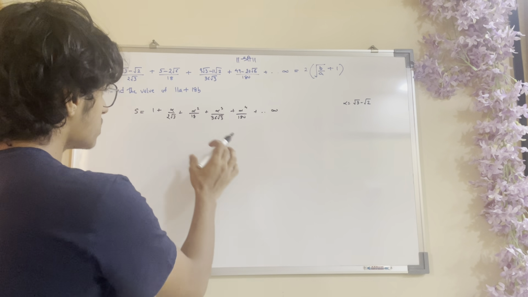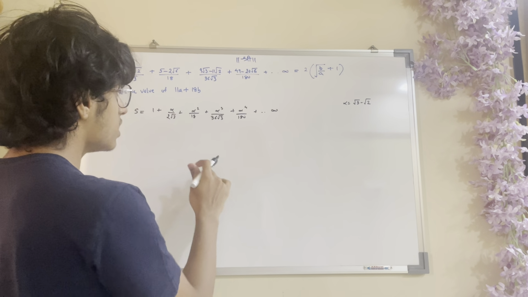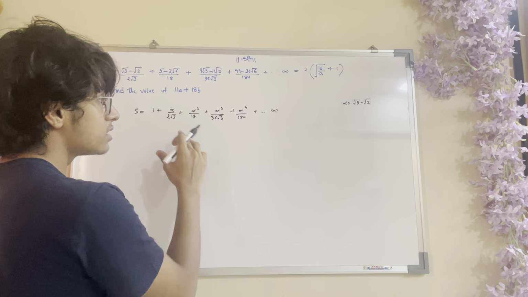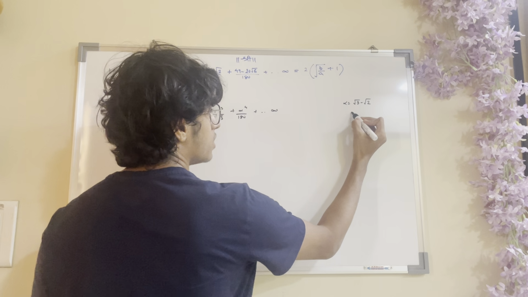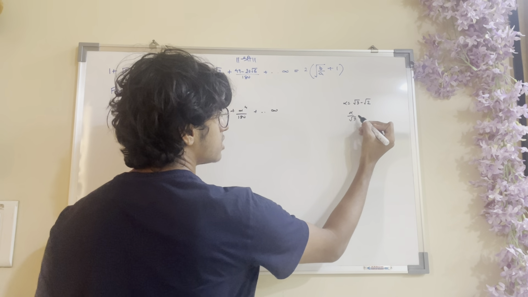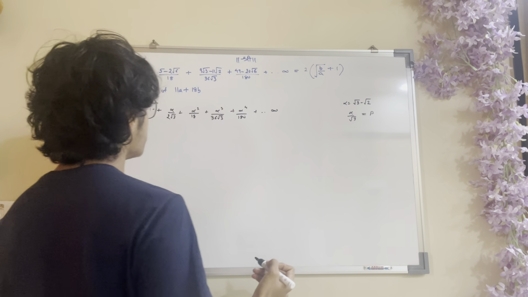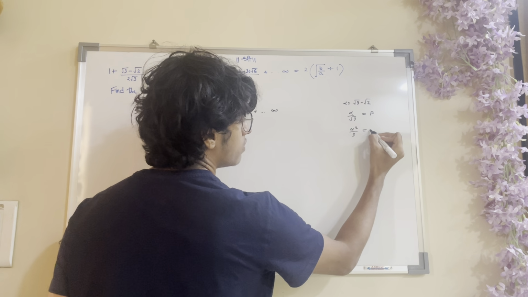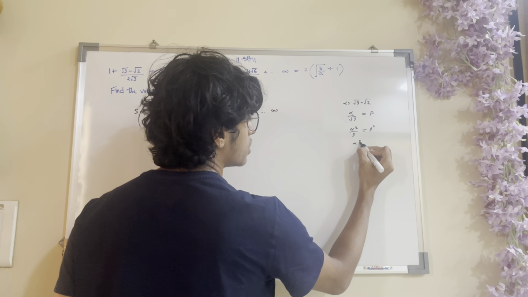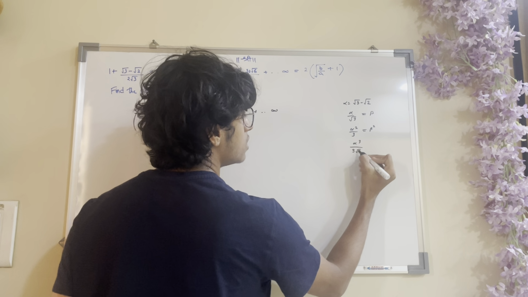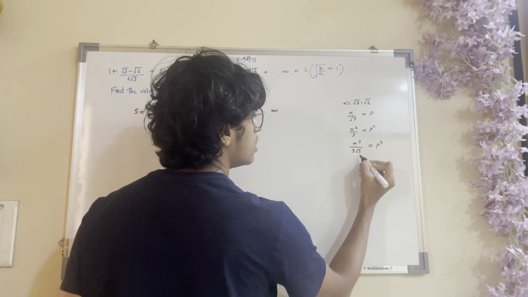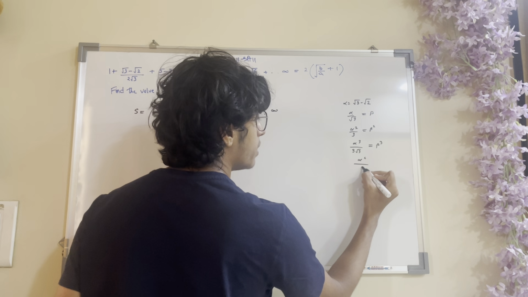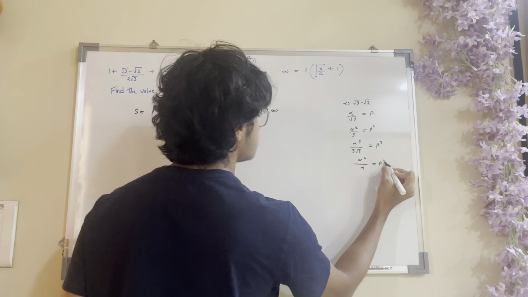So to simplify the series, let's get rid of the root 3, that is the irrational term here, and substitute alpha by root 3 as beta, another variable. So alpha square by 3 will be beta square, alpha cube by 3 root 3 will be beta cube, and alpha power 4 by 9 will be beta power 4.